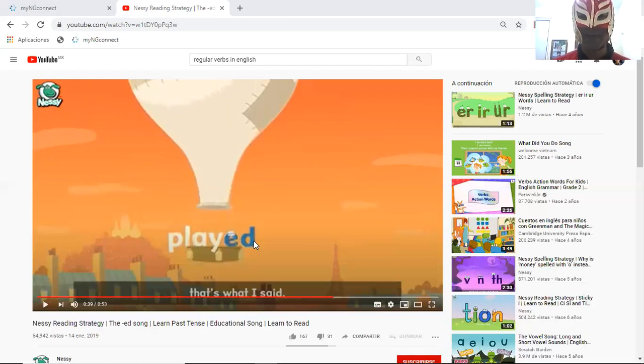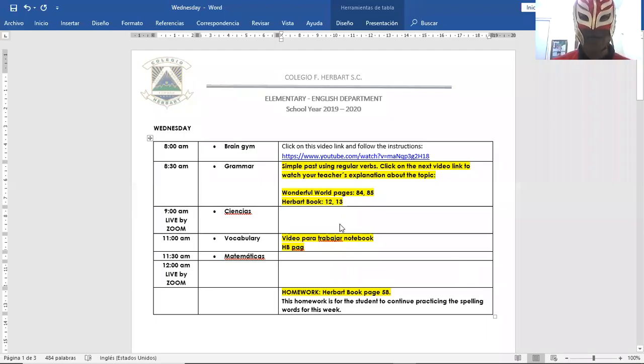Okay, you're gonna open your wonderful world book to pages 84 and 85. So open your wonderful world book to page 84. And I'm gonna share the exercises that I will be doing with you, that I will be explaining to you. It's very important to analyze these exercises, and I'm going to be helping you.